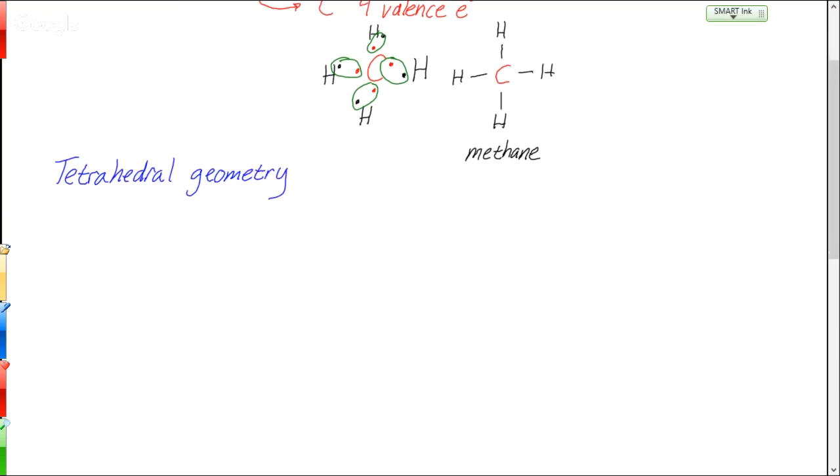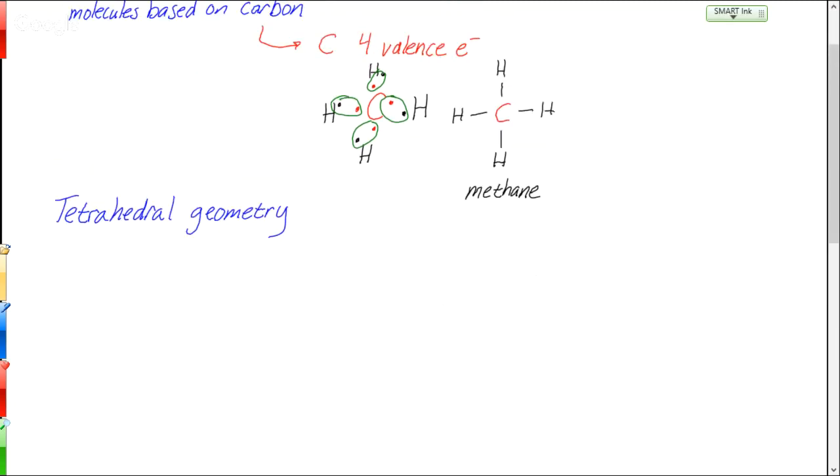A tetrahedron is a regular solid that has 4 sides. It's kind of like a pyramid with a triangular base, but every side is equal, every point is equal, every edge is equal. It's called a tetrahedron. So if you imagine the hydrogens on your model, you lose a hydrogen? There it is.